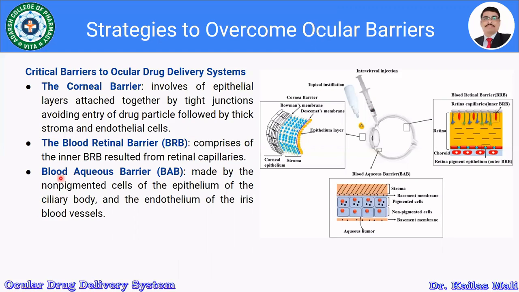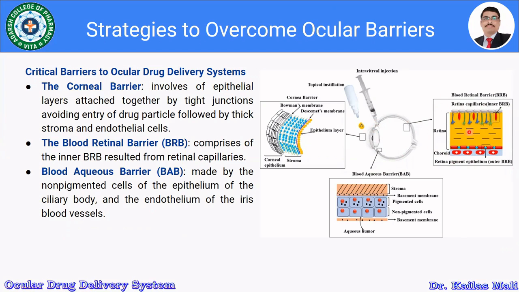As we have already discussed, there are many barriers that affect the permeability of a drug into the ocular tissue. The major barriers are the corneal epithelium, the blood-aqueous barrier, and the blood-retinal barrier.